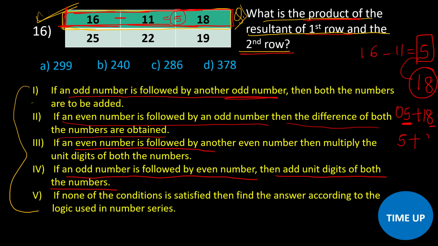So 5 plus 8 you will get 13, correct? So the resultant of the first row is 13. Understanding?